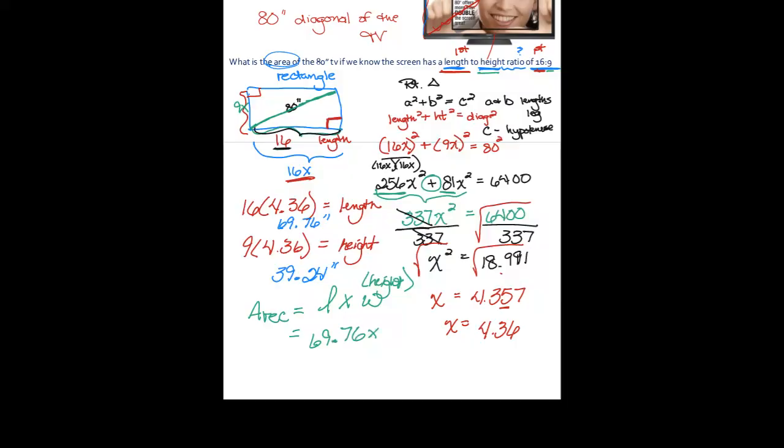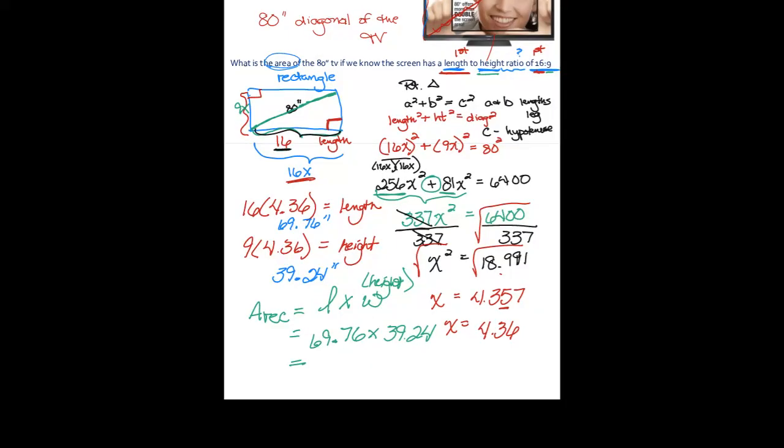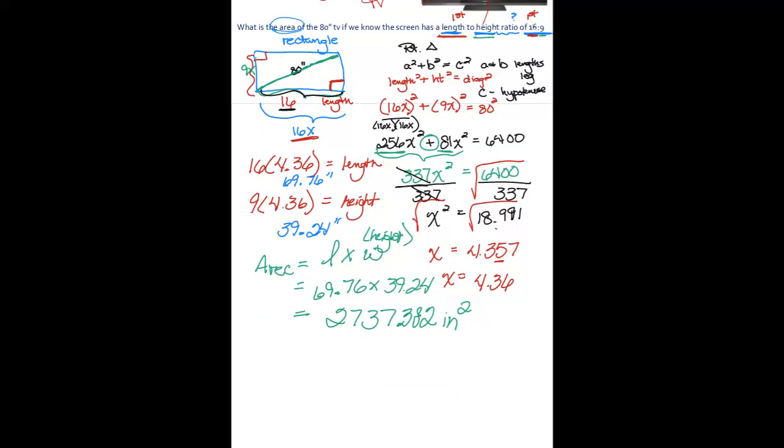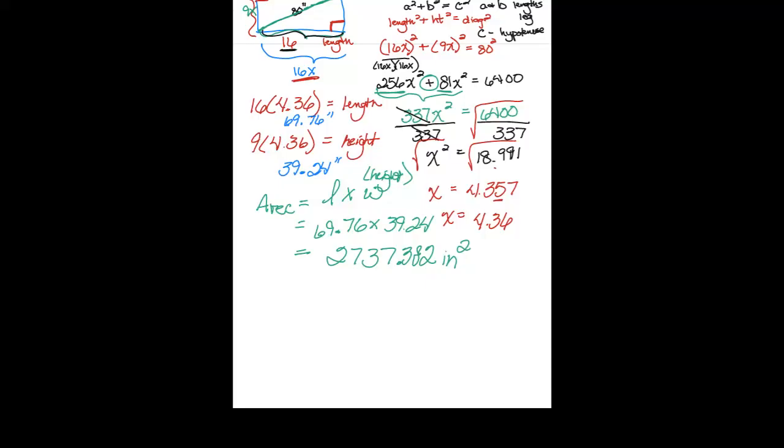69.76 times 39.24. And what do we get for the area? 2,738.2 and this would be inches squared. So if I had to round it, I'd probably say 2,737 square inch TV.